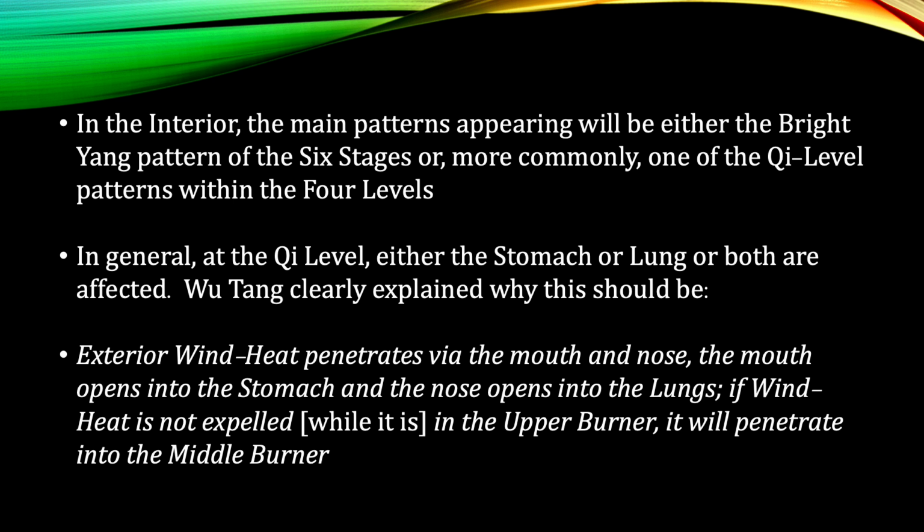Hu Tong clearly explained why this should be. Exterior wind heat penetrates via the mouth and nose. The mouth opens into the stomach, and the nose opens into the lungs. If wind heat is not expelled while it is in the upper burner, it will penetrate into the middle burner.